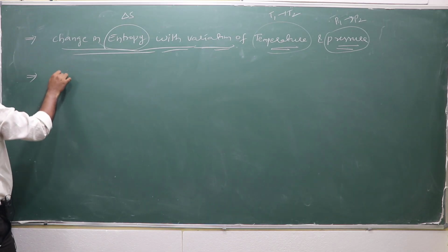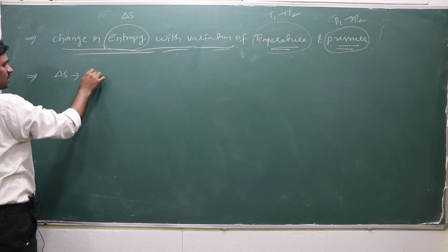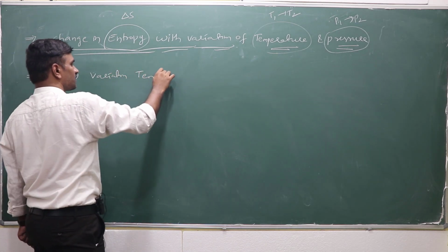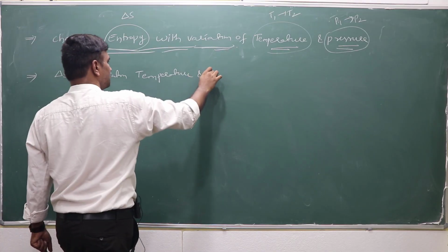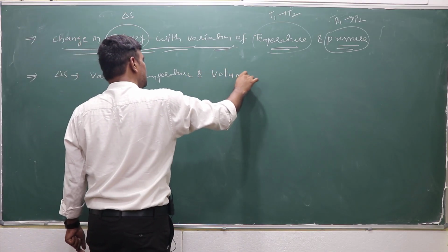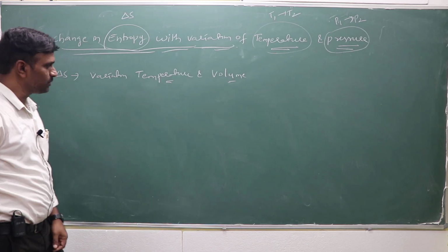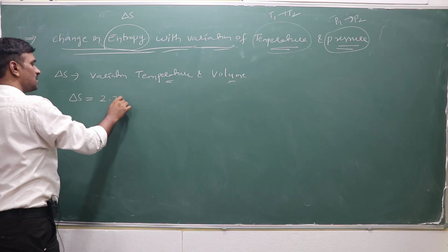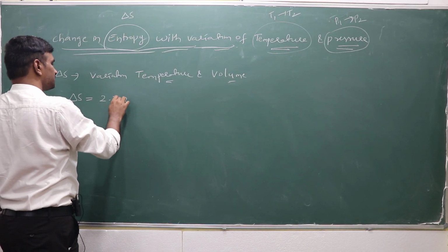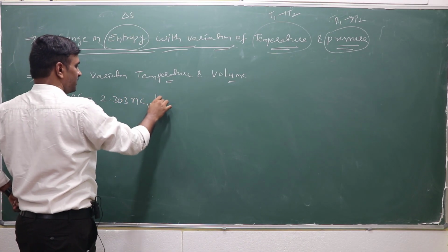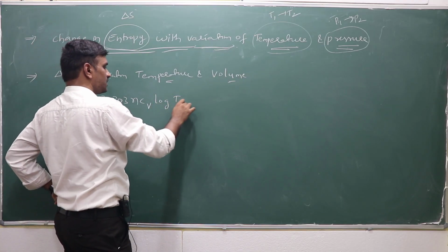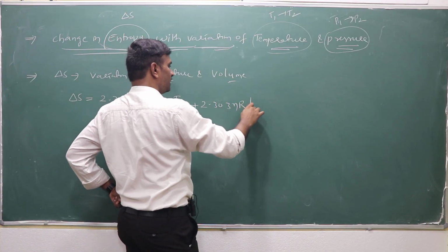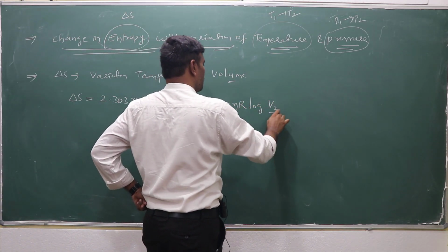You know the change in entropy with variation of temperature as well as volume. Which one is the equation? Delta S is equal to 2.303 NCv log T2 by T1 plus 2.303 NR log V2 by V1.